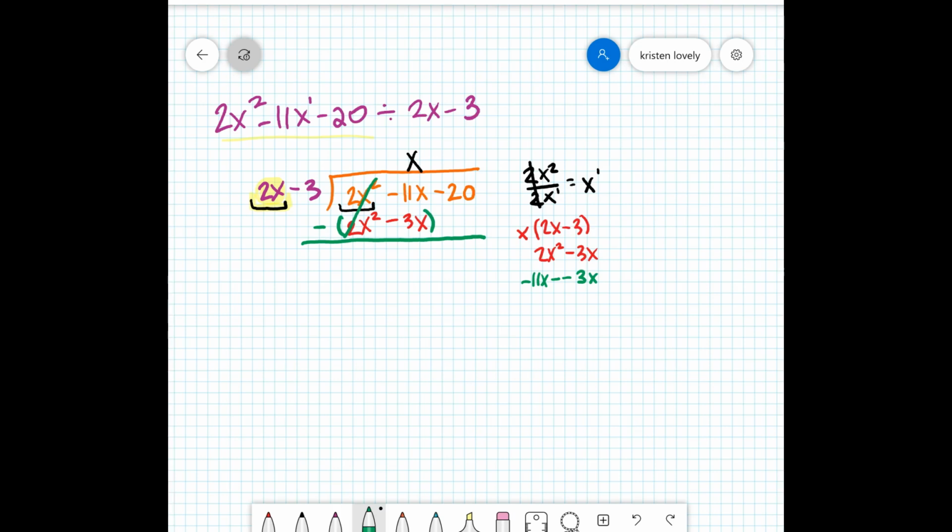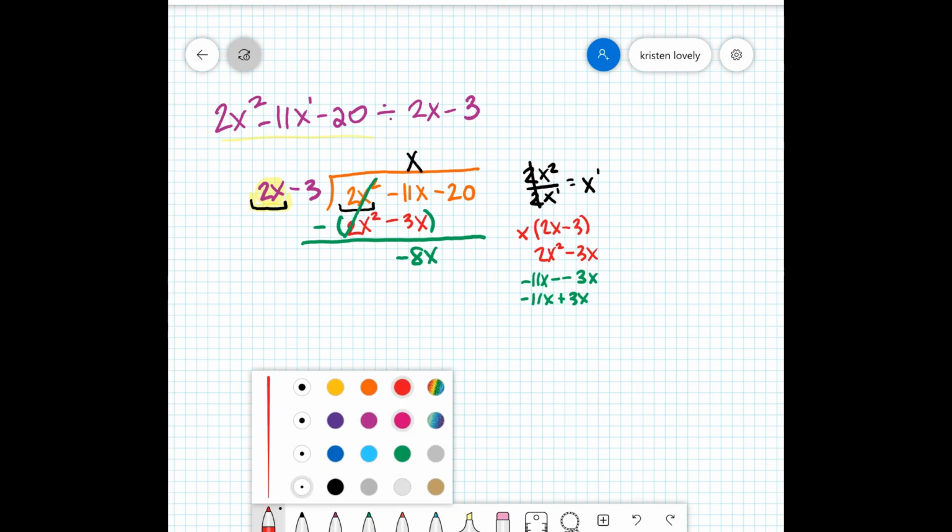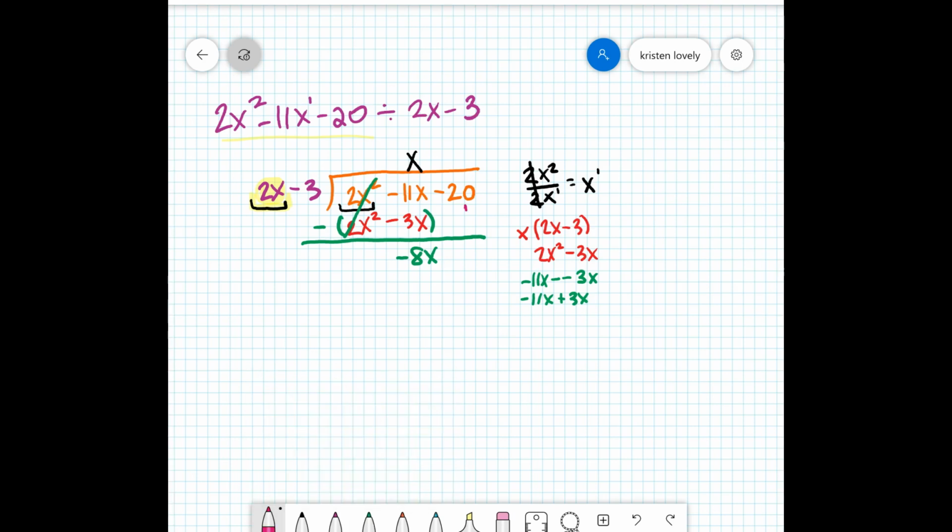Since I have double negatives, I know that's really the same thing as negative 11x plus 3x, which is negative 8x. So that's going to go underneath. And again, just like when you were young and doing long division, we want to bring down any term that's over here.